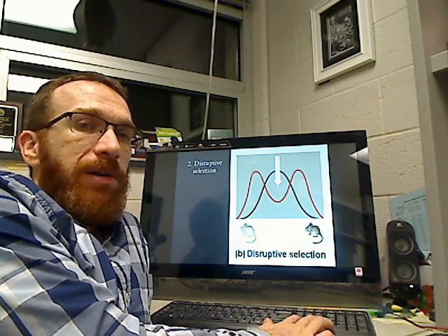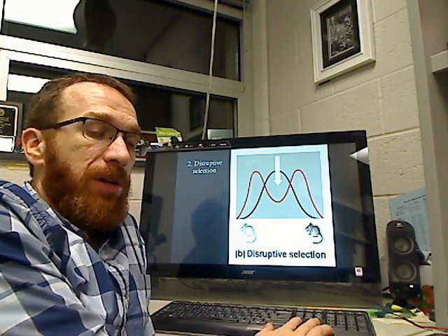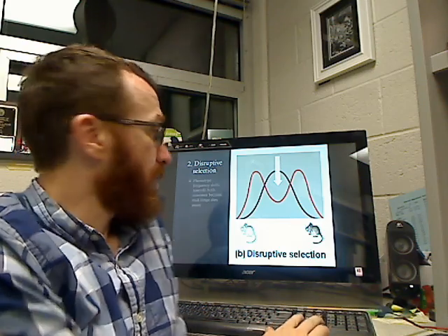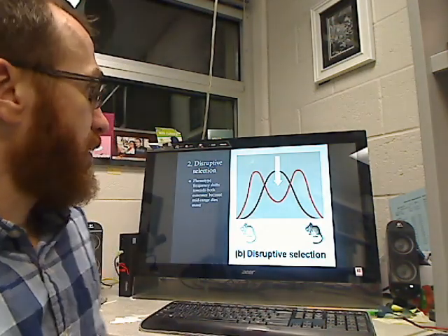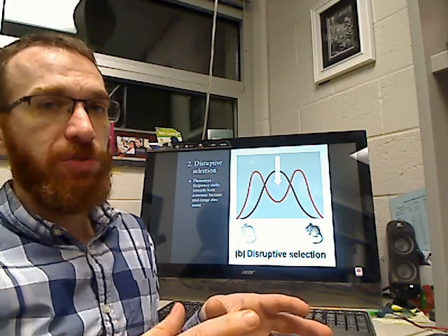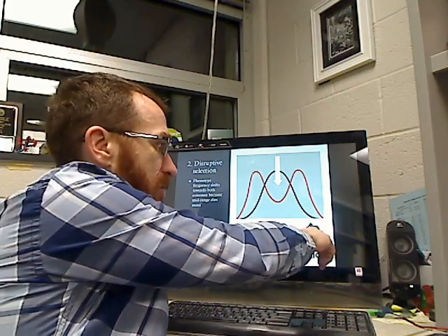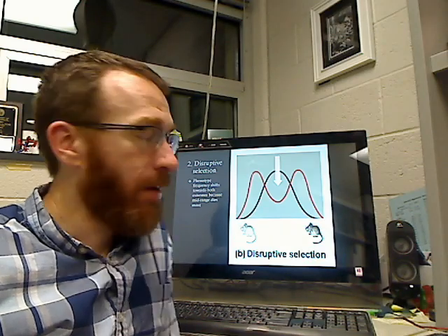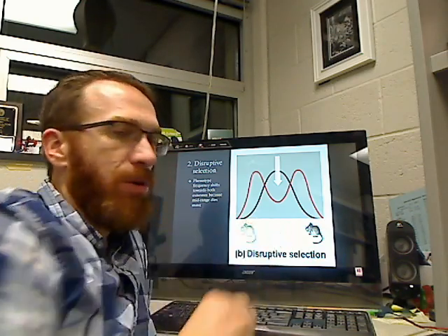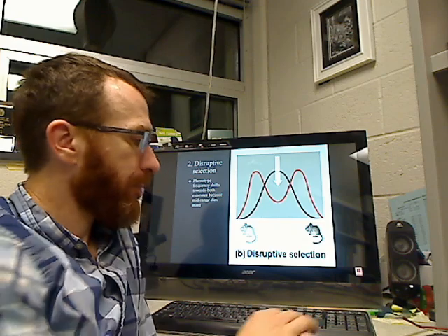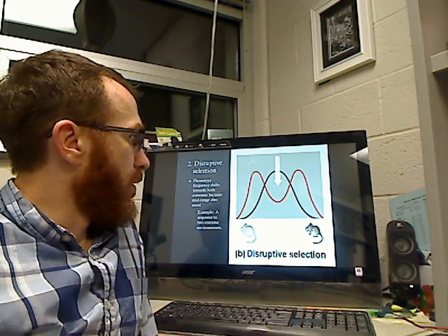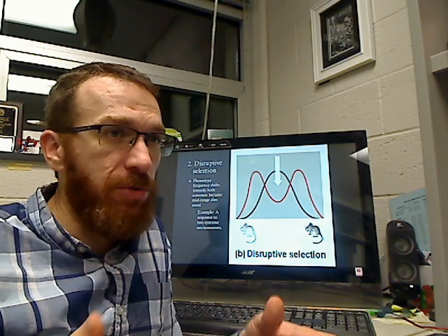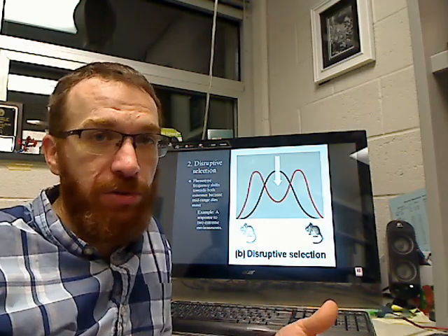A second mode of natural selection is called disruptive selection. Disruptive selection is basically where the phenotype frequency shifts for both extremes. Both the right and the left in this case are selected for, and the middle is selected against. Okay, this is often a response to two extreme environments or two different types of survival strategies.